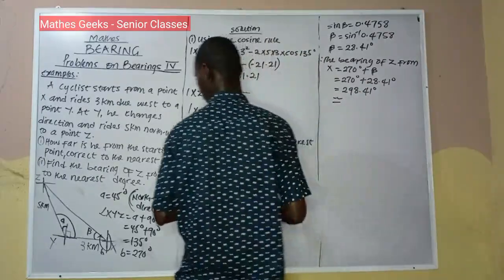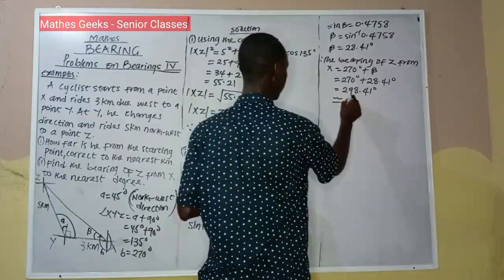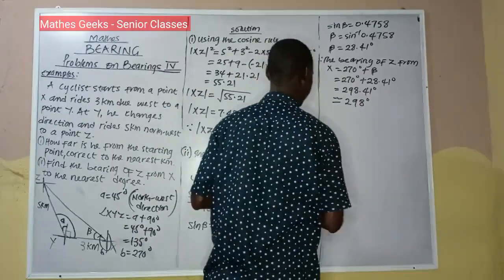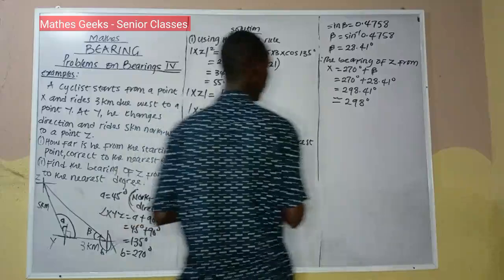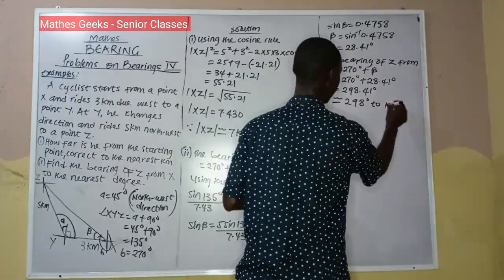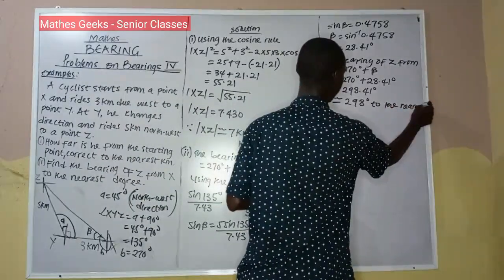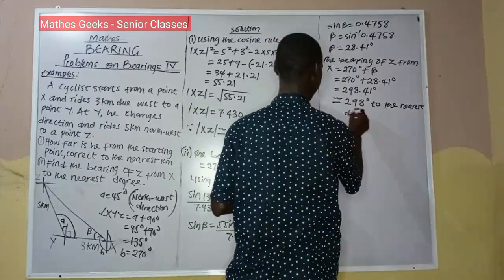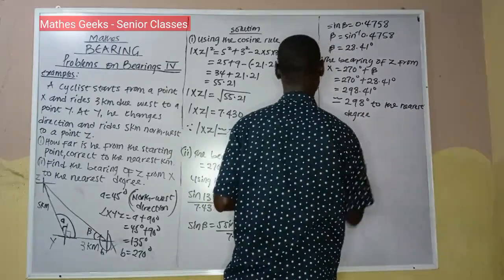Approximately to the nearest degree will give us 298 degrees.